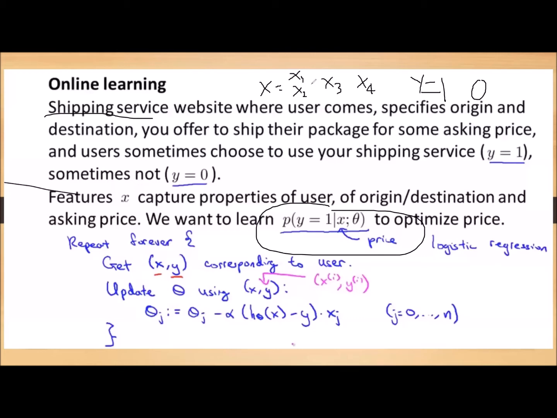So based on these features, if we tell the price to that user, what is the probability that the particular user can use our shipping service? That will be given by P of y is equal to 1 for a given x. If the user is accepting our price and he is choosing our service, then it is okay. Otherwise, if the user is not accepting our service, then we will try to change the price.